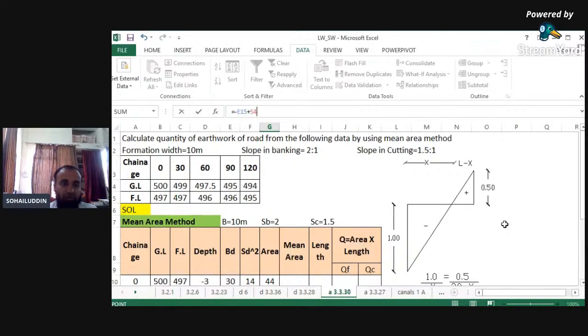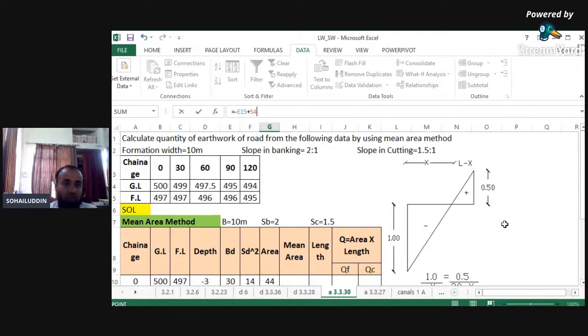There is a problem. Calculate quantity of earthwork of road from the following data, by using mean area method. Formation width is 10 meters, slope in banking is 2:1, and slope in cutting is 1.5:1. And various chainages and formation levels are given.